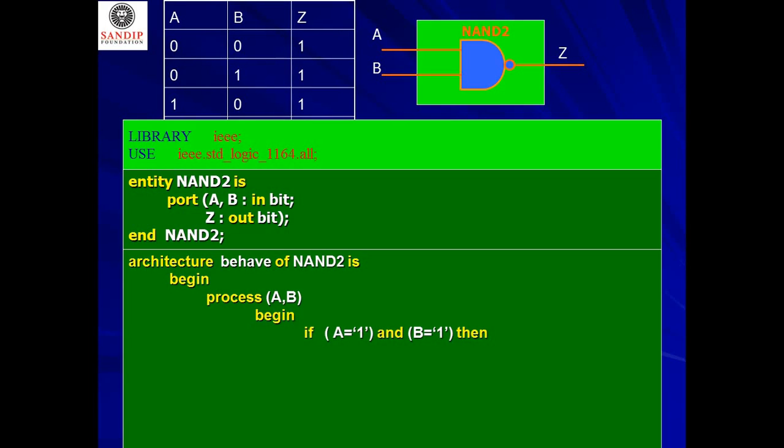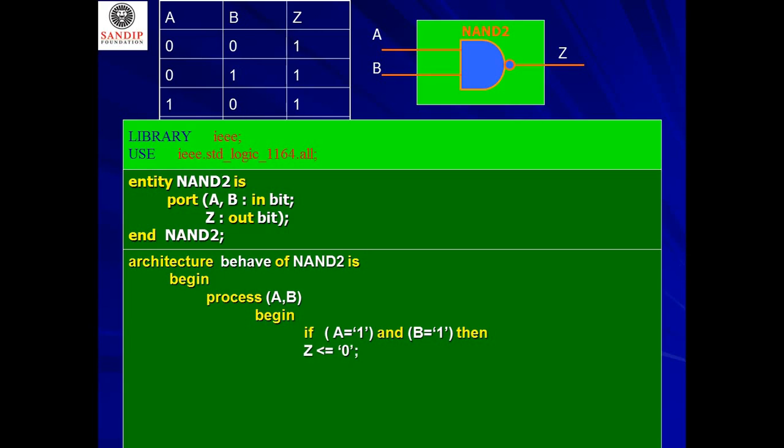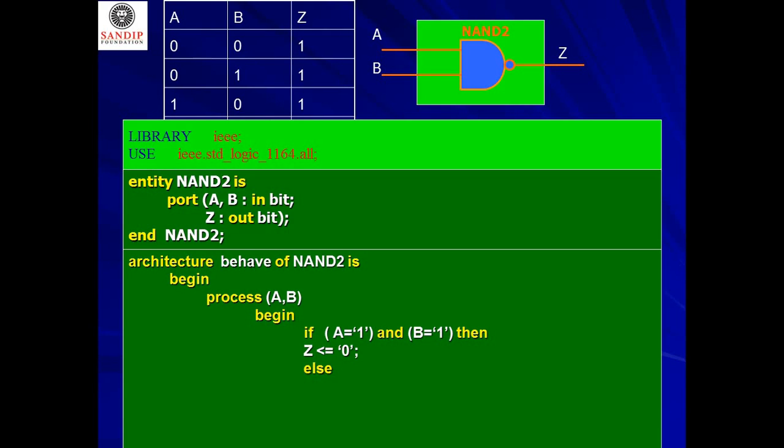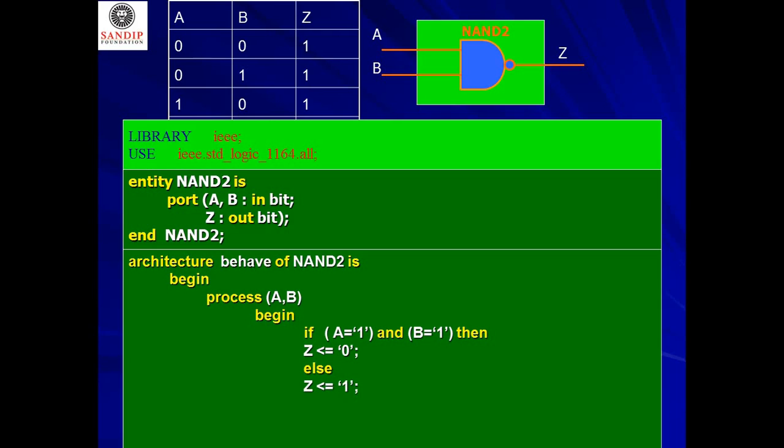Then we have to describe the operation of NAND2 by using the truth table. Here we can describe the operation by using the sequential statement if then. If A equal to 1 and B equal to 1, then Z is assigned 0, else Z is assigned 1.